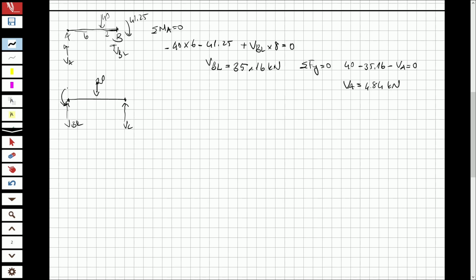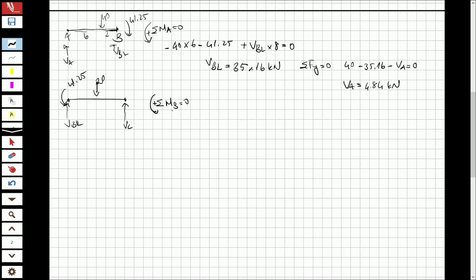It's going to be in that direction. It's 41.25, and this direction is positive. For the moment at B, total moment at B is equal to 0.